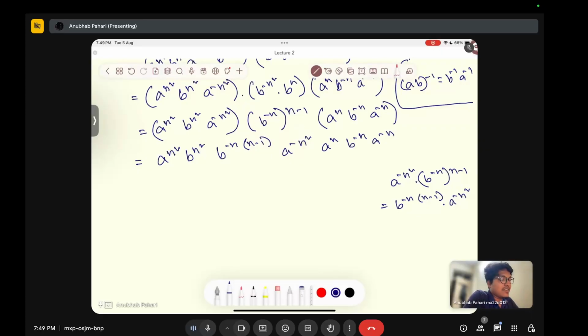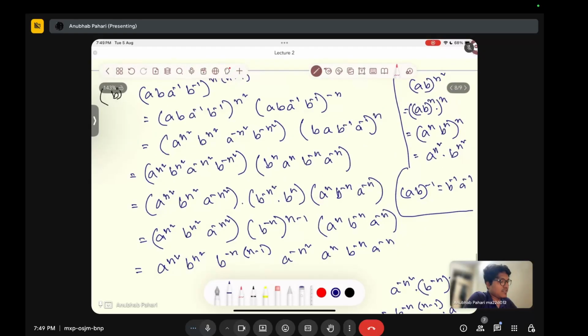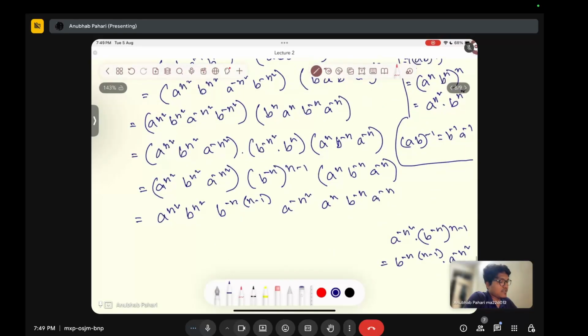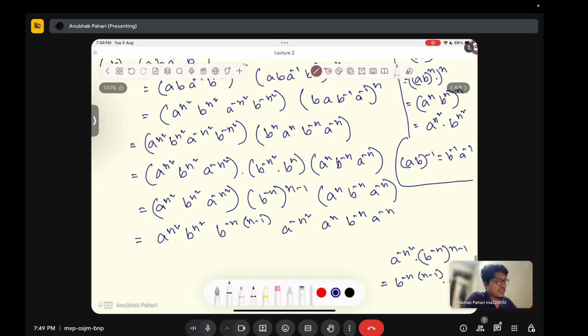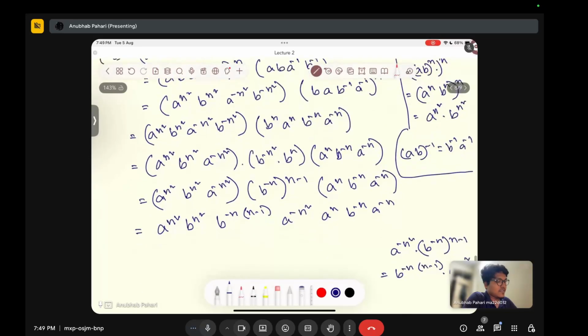Can anyone tell me why we are getting this, why these two are equal? Which one? This I have written on the right hand side.